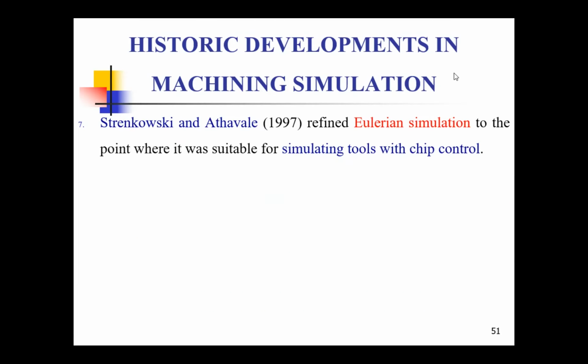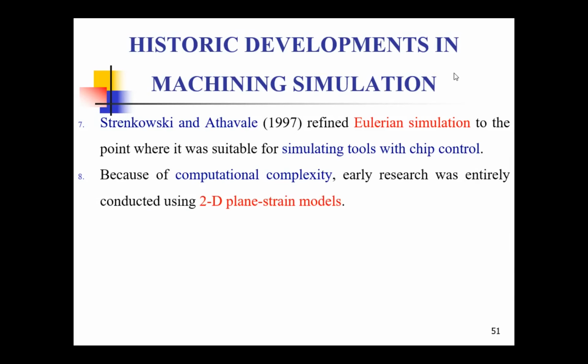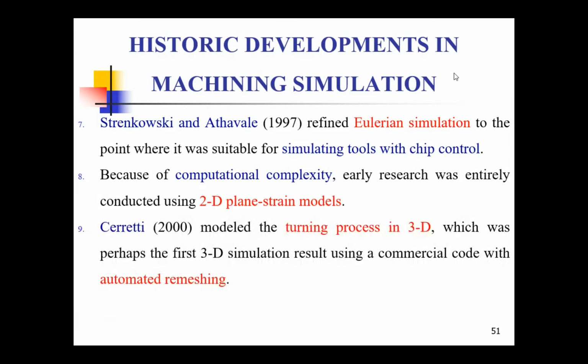Then in the year 1997, Stenkovsky and Atvale used Eulerian simulation, which is suitable for simulating tools with chip control. So, what type of chip are we going to produce? Until 1997, most of the simulation studies were focused on 2D simulation only.